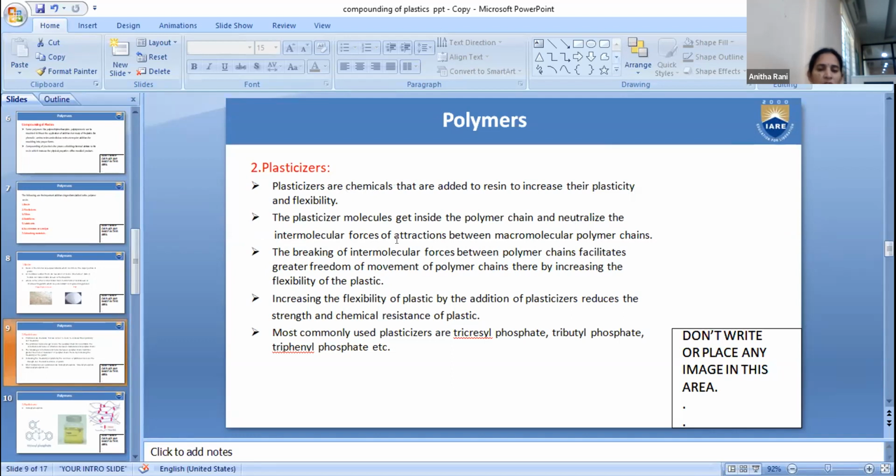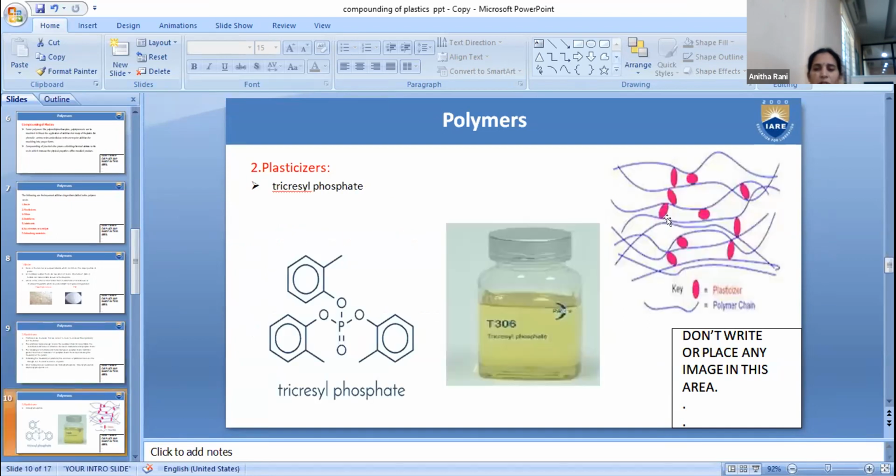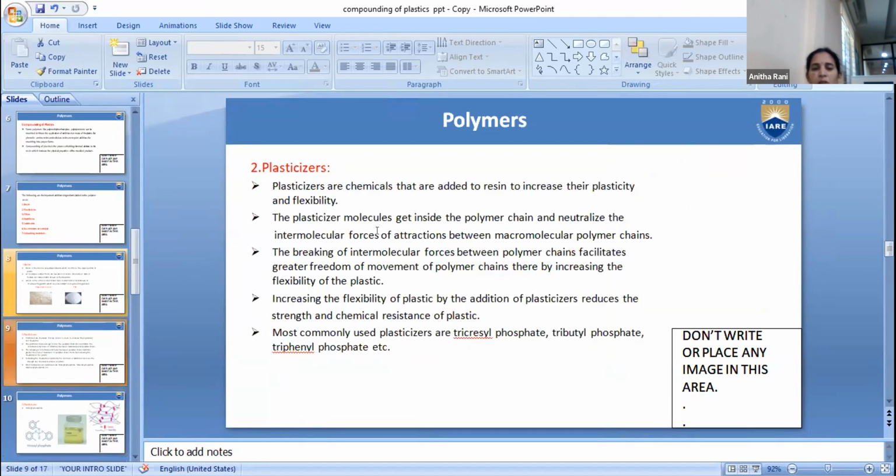There will be attraction between polymer chains, and that is neutralized by the plasticizers staying between the polymer chains.